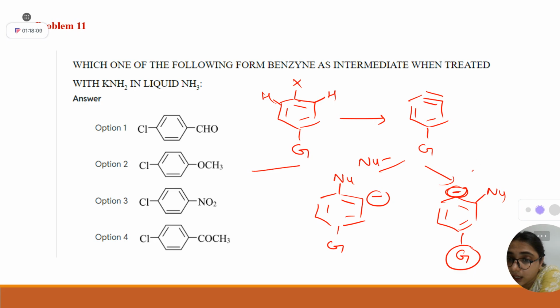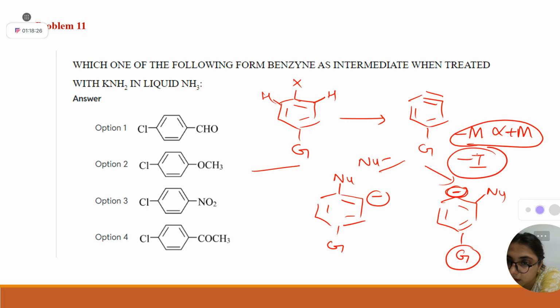Whenever you have benzyne as an intermediate, you should not look for minus M or plus M. Here the only effect that predominates is minus I, because only by minus I can you stabilize this negative charge. How can you stabilize this negative charge? By having minus I groups, which are electron withdrawing, right?